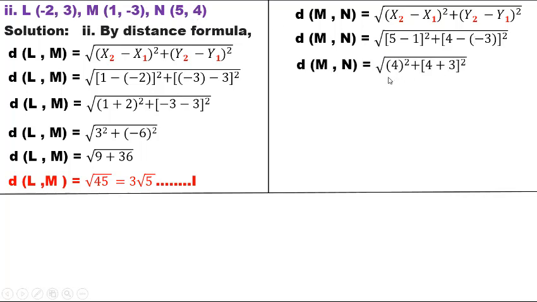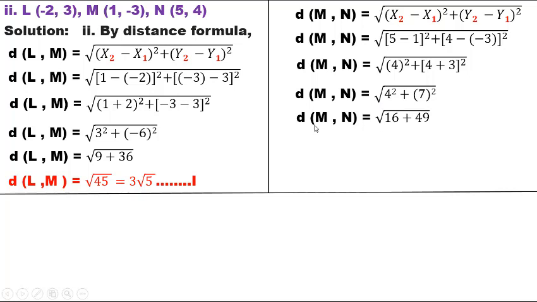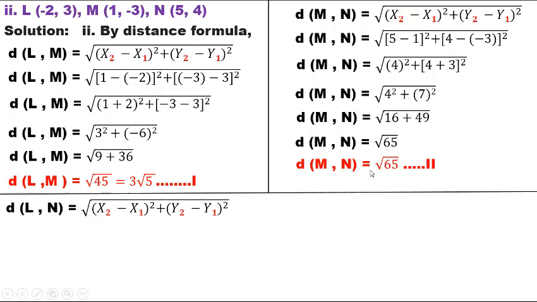Therefore, we got under root of 4 square plus (4 plus 3, meaning 7) square. Distance of MN is equal to under root of 4 square plus 7 square, which is under root of 16 plus 49. Therefore, distance of MN is equal to under root of 65.